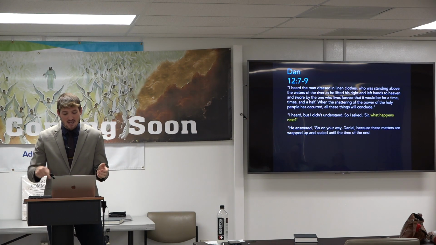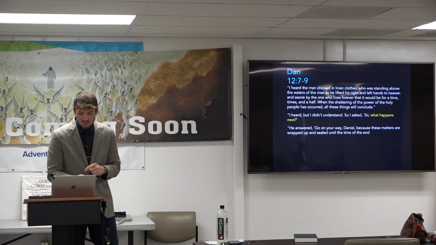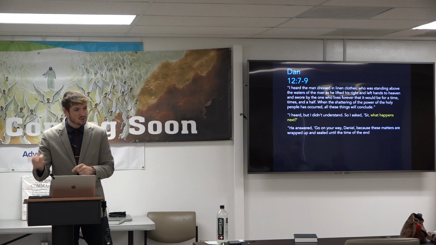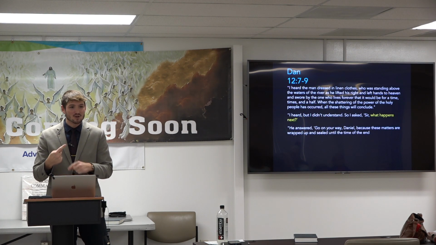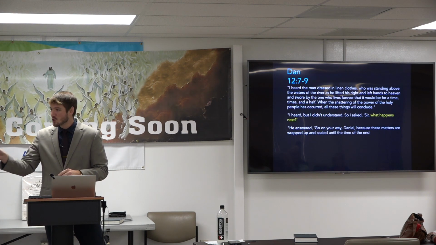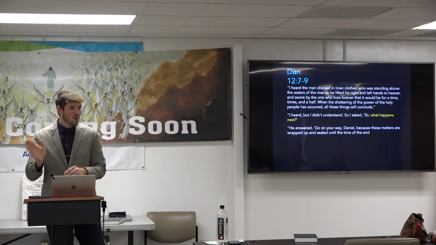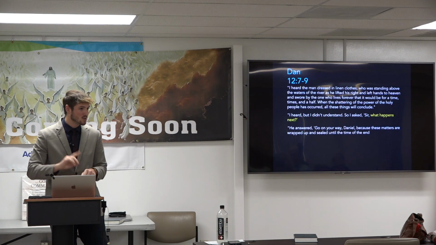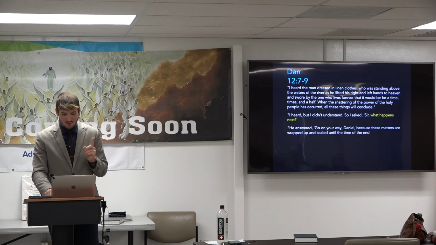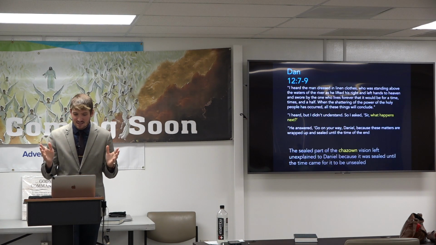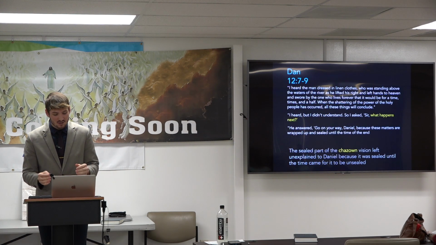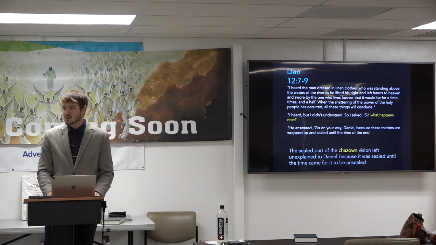And even Jesus turns around and tells Daniel, this doesn't pertain to you. They are sealed up for the time of the end. Go your way. Quit worrying about it. Just write down what I tell you and go on. It's interesting. So this again is the sealed part of the Chazone vision left unexplained to Daniel because it wasn't to be unsealed until after the time of the end.